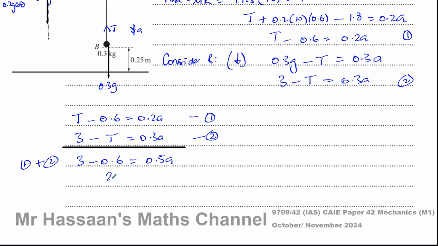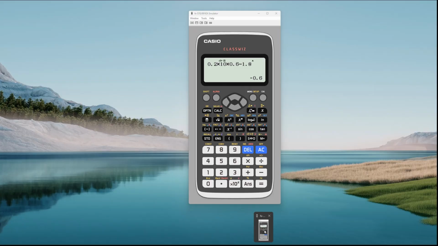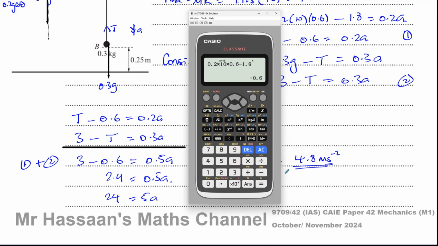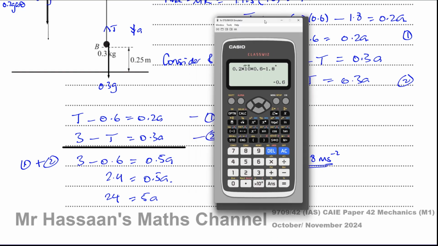So that gives us 2.4 equals 0.5a. So basically 24 equals 5a. So a is equal to 24 divided by 5, which is 4.8 meters per second squared. So there's the acceleration. Let me just make sure I didn't make any silly mistakes with my calculation.